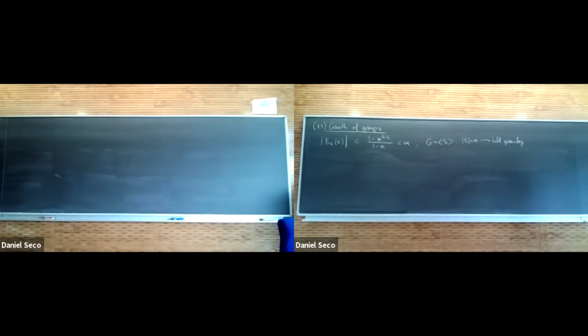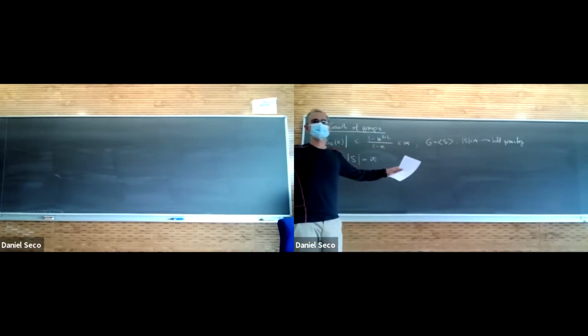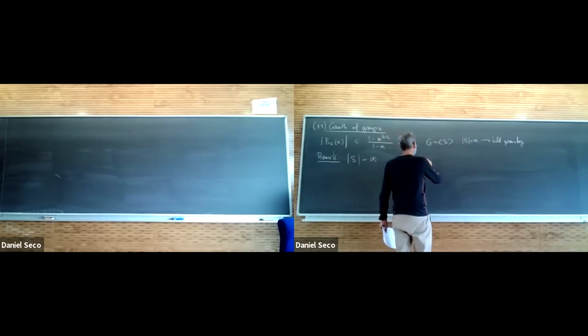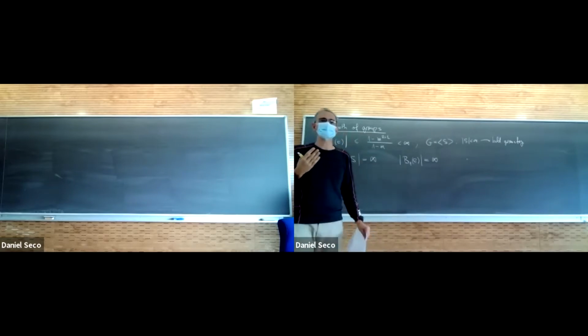Let me point out here what happens if you have infinitely many generators. As a remark, the number of generators is infinite, and you can think of examples of that, with infinite copies of a finite group, for instance. Then, of course, the ball of radius 1 at any point, say e, the neutral element, is infinite. And this corresponds to a graph which is not locally finite.